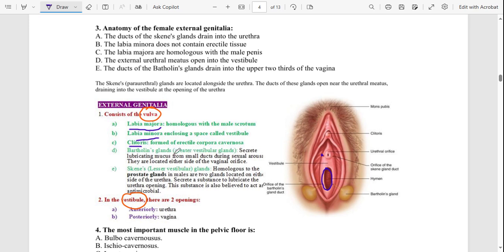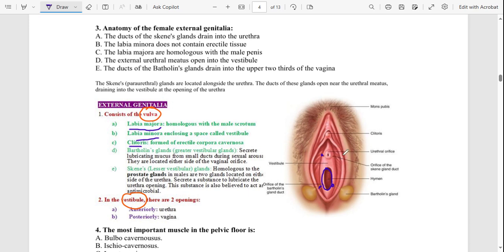They secrete a mucus-like substance involved in sexual arousal, and are found on the sides of the vaginal orifice. You can see a small opening here and also here.